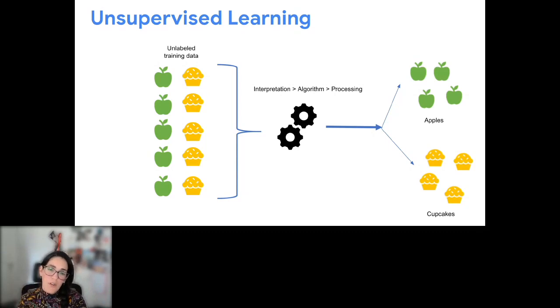Then the model, using certain techniques that we are going to review during the bootcamp, will interpret the information, work on the algorithm, process it, and separate the information into clusters maybe. So these are the apples and these are the cupcakes. That's what unsupervised learning does at a very high level overview.